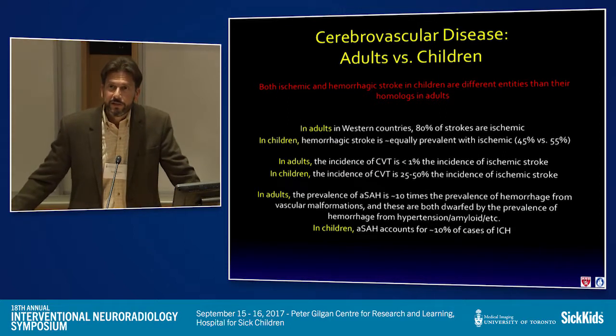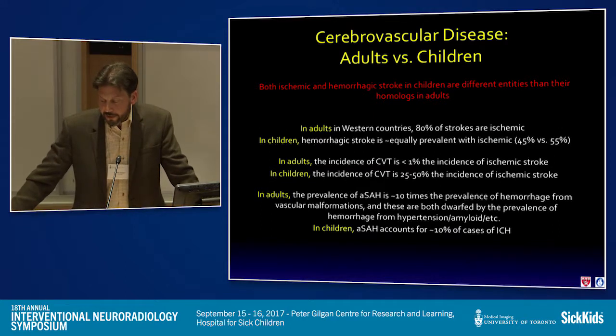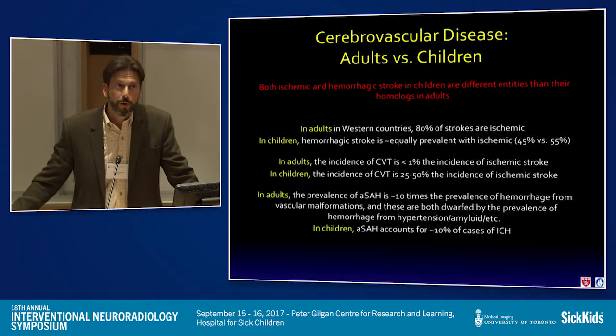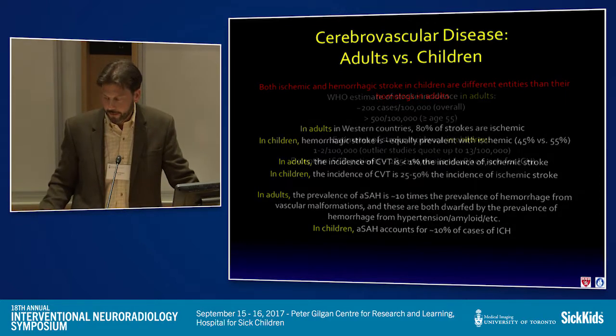In adults, the incidence of cerebral venous thrombosis is minuscule compared to ischemic stroke, whereas in children, it's 1/4 to 50% the incidence of ischemic stroke. In adults, the presence of aneurysmal subarachnoid hemorrhage is about 10 times the incidence of hemorrhage from a vascular malformation, and they're both dwarfed by hemorrhage from hypertension or amyloid, whereas in children, aneurysmal subarachnoid hemorrhage is actually quite rare.